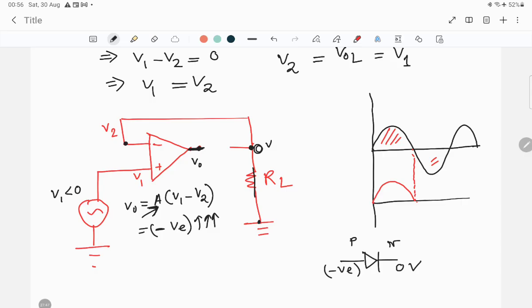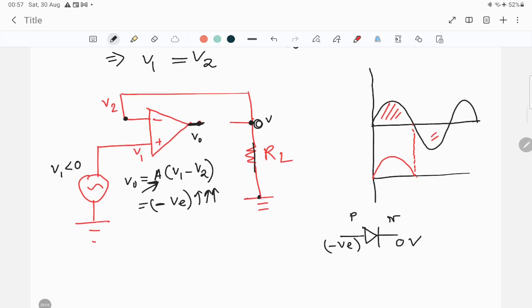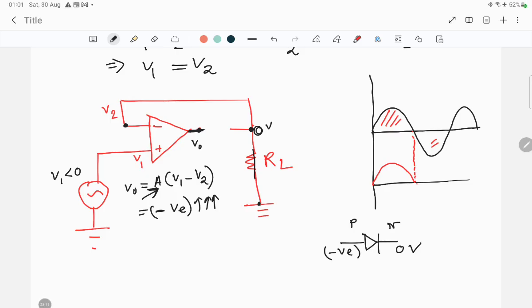So in this particular configuration, what will be the ultimate output? V0 becomes negative over here. Right now, in the negative half cycle, the V0 value becomes very negative, so the diode will be in the reverse bias condition.